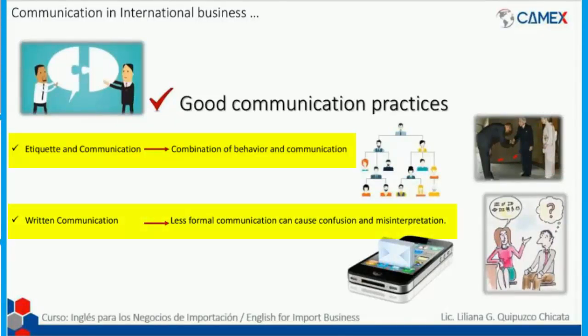So finally, another good communication practice is written communication. Nowadays we usually do our business via cell phone and also via text messages and email, so it has become very technological.